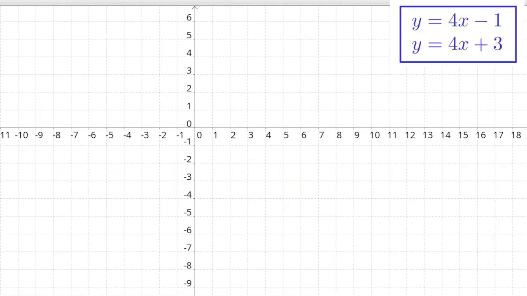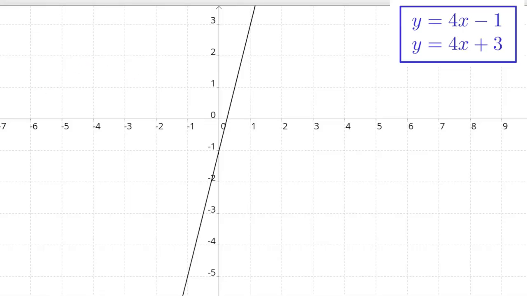The first line had an equation y equals 4x minus 1. Let's plot just that. y equals 4x minus 1. That's the equation there. Let's draw the other one, the equation of the line parallel to this one.